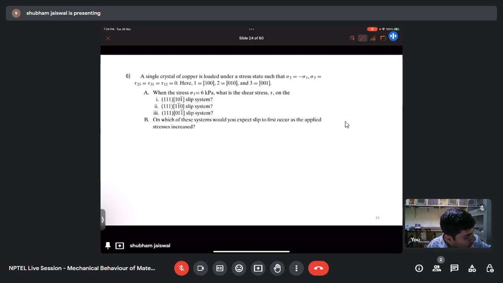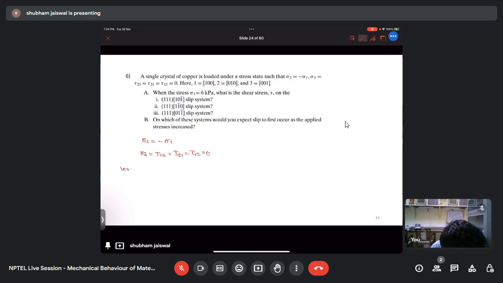So here, what they have given: sigma 2 equal to minus sigma 1, sigma 3 equal to tau 23 equal to tau 31 equal to tau 12 equal to 0. That is a 2D state of stress.